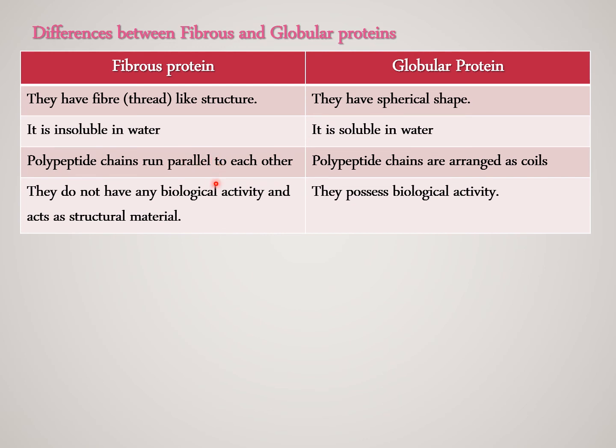In fibrous proteins, polypeptide chains run parallel to each other. In globular proteins, they run in the form of coils. Fibrous proteins do not have any biological activity and act as structural material, whereas globular proteins possess biological activity.